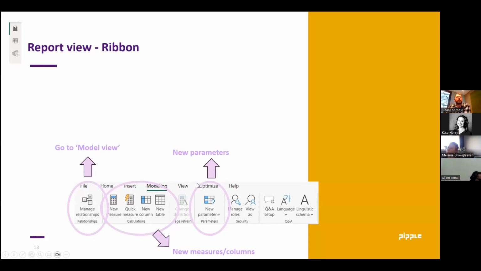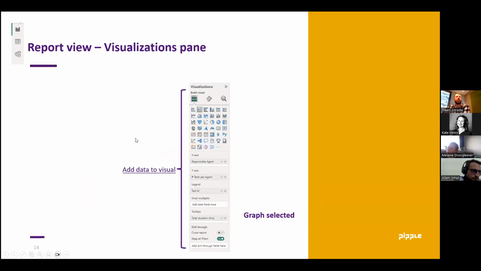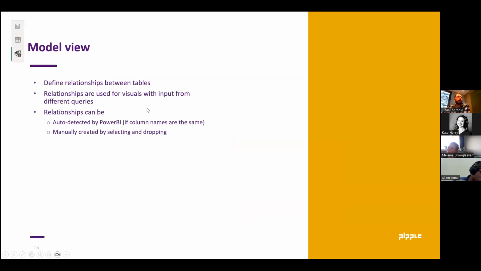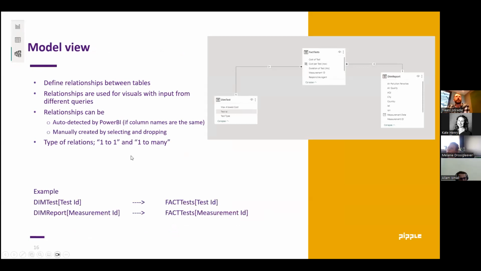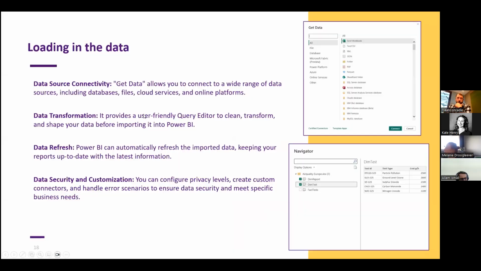So I'll explain a bit about parameters when we get into Power Query. All right, so I'm not going to go through all of this again because we explained it already.